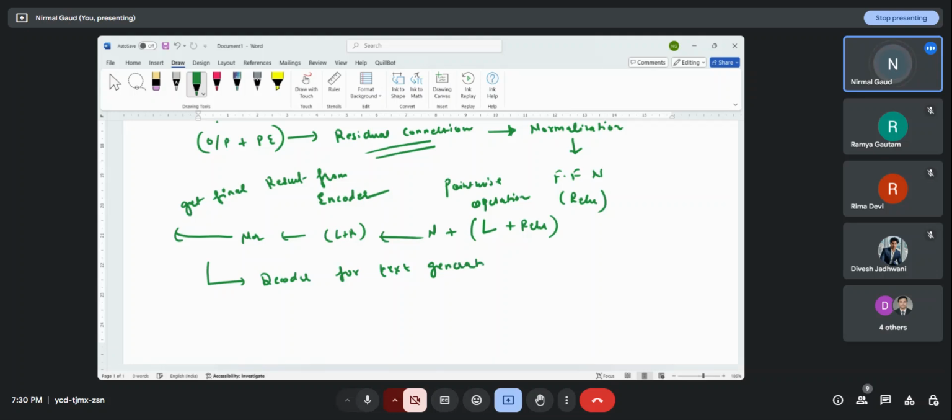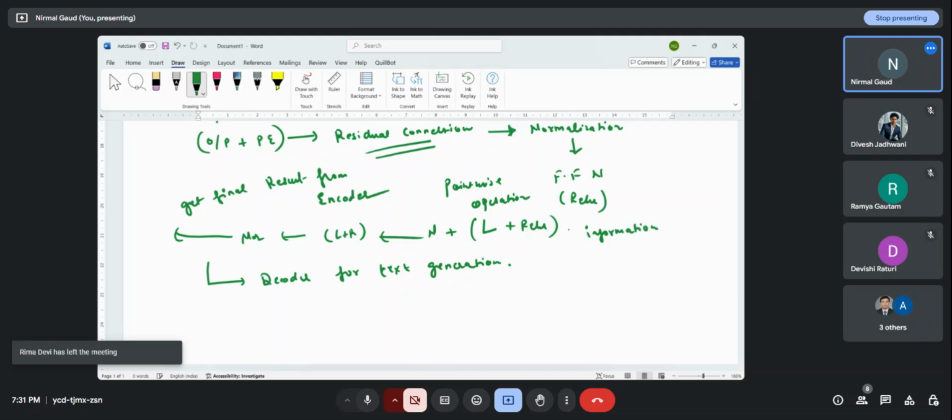So this input, which is produced by the encoder, has the attention mechanism in it and all normalized data. That means it has relevant information about the input, which has passed through all these layers of encoders.